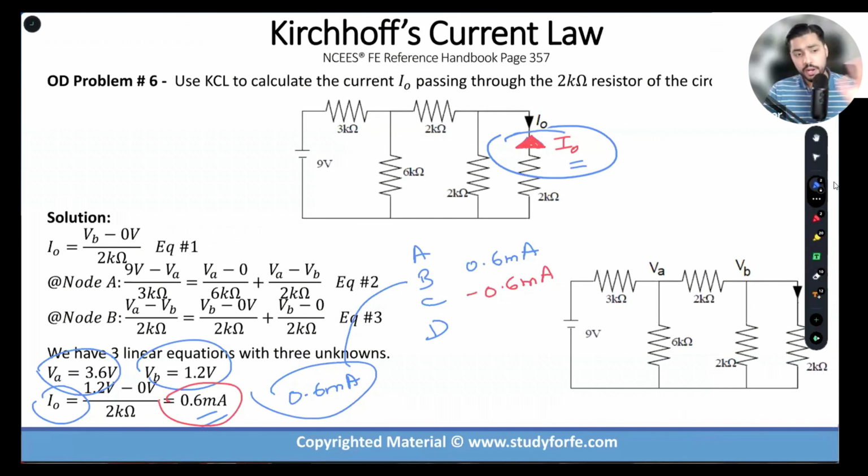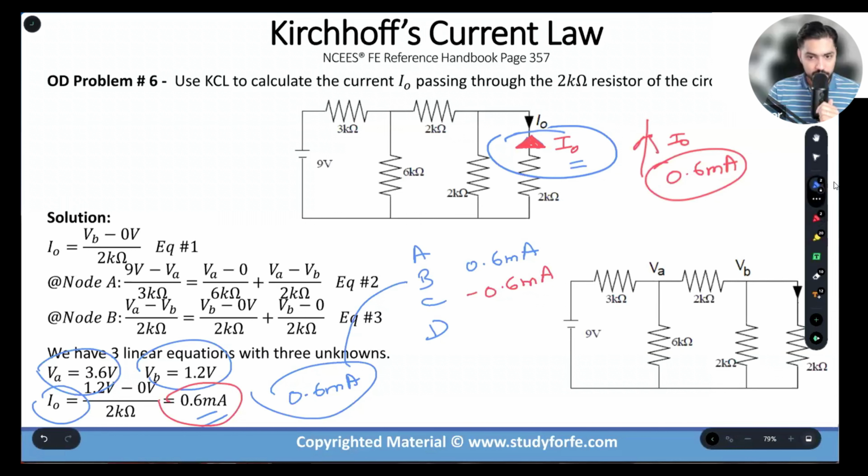You assumed, for whatever reason, doing your circuit analysis, your assumption of I naught was pointing upwards. Okay? The answer that you got was 0.6 milliamps. Based on your assumption, you can assume anything, as I told you. Pointing upwards was 0.6 milliamps.